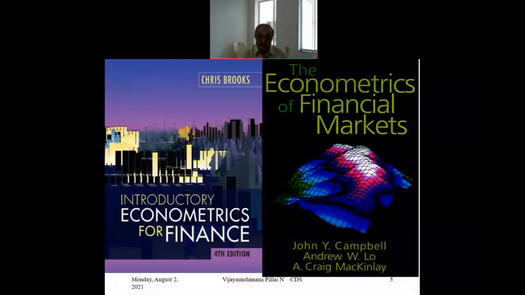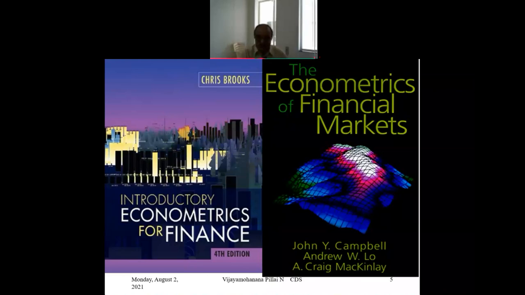Now, these are some of the books directly dealing with financial econometrics. The Chris Brooks book, Introductory Econometrics for Finance, is very famous. Now it is in its fourth edition.